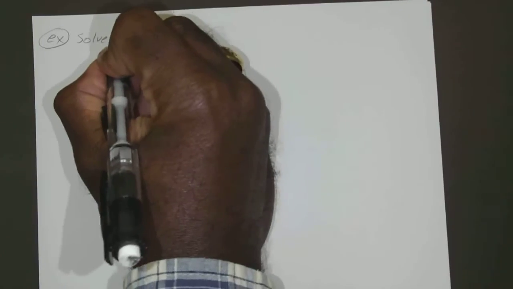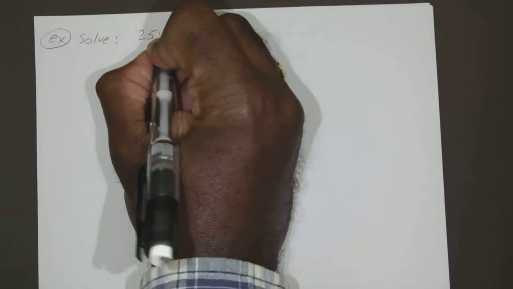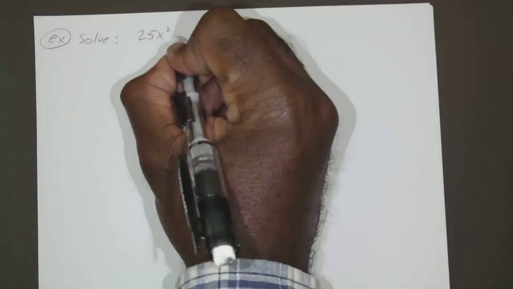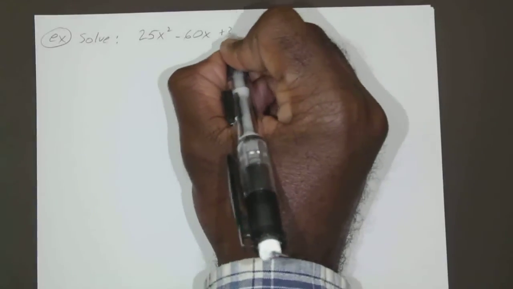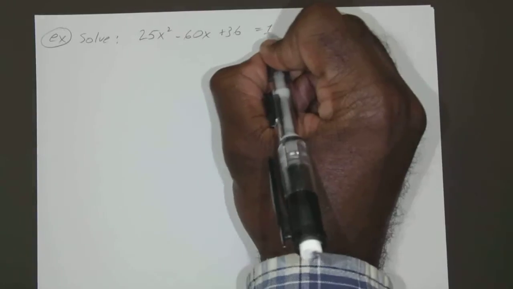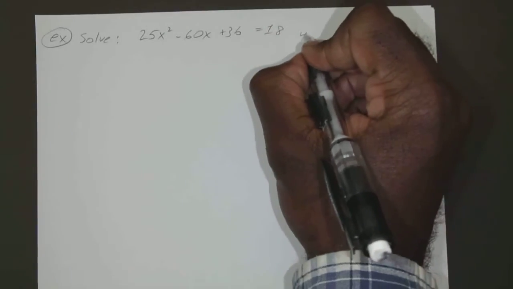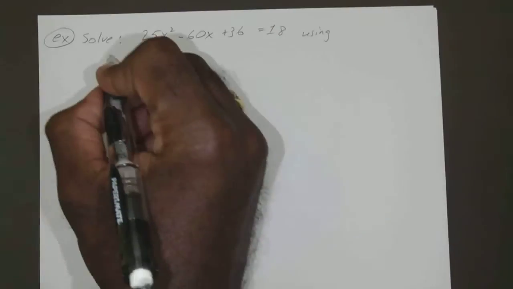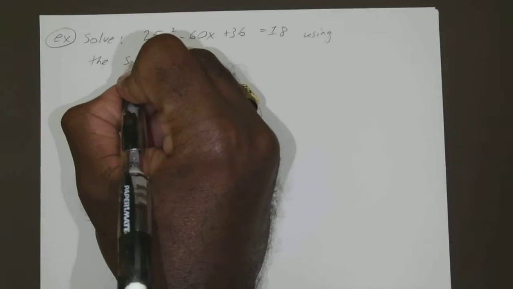Let's say we wanted to solve 25x squared minus 60x plus 36 equals 18 using the square root property.